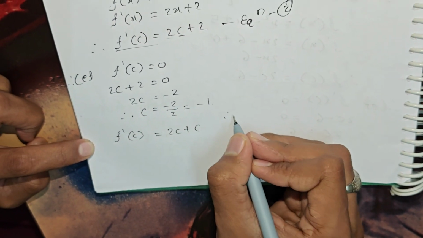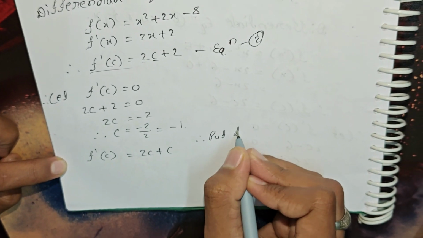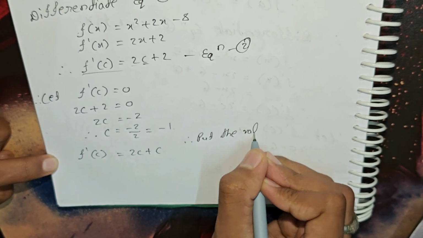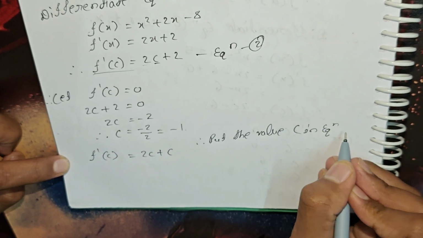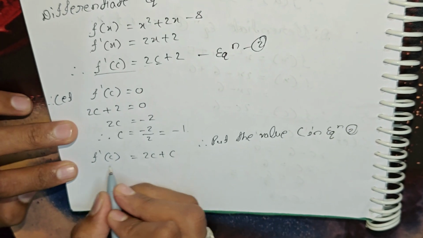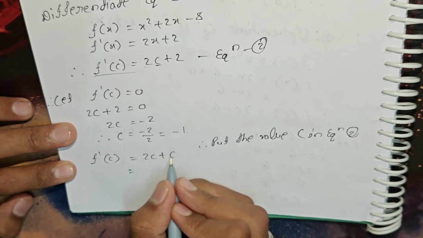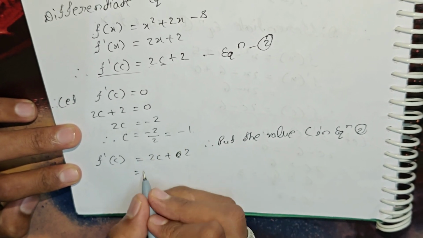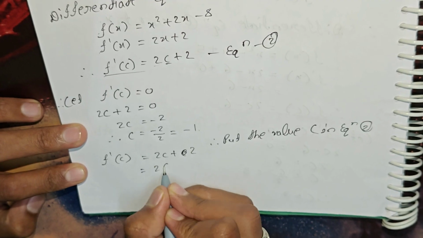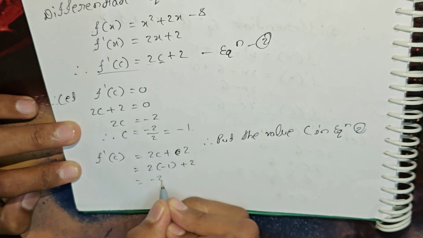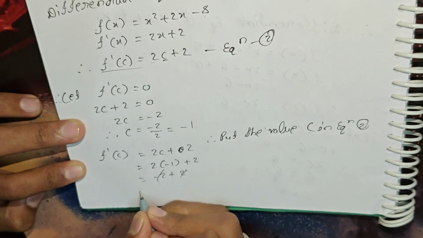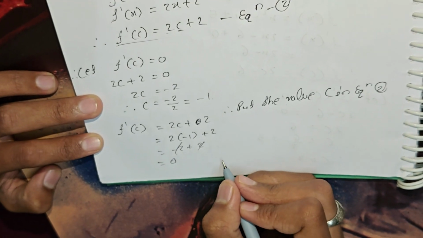What is the value of c we get? That is minus 1. 2 into minus 1 plus 2. 2 into minus 1 is minus 2, plus 2. Here it cancels and becomes 0. So hence proved.